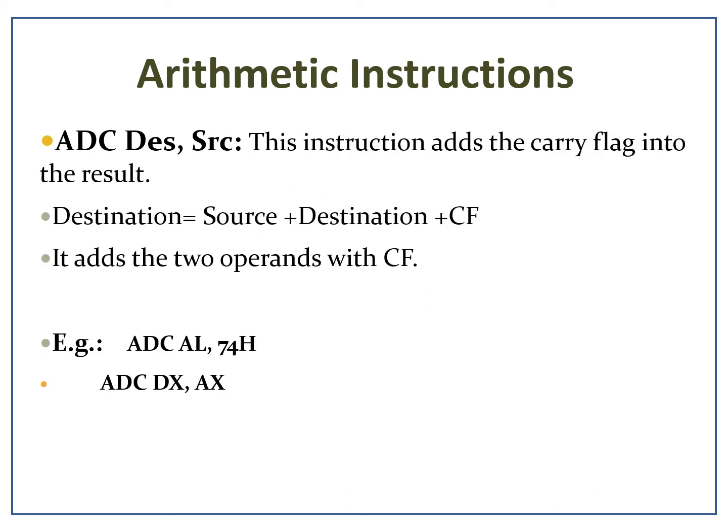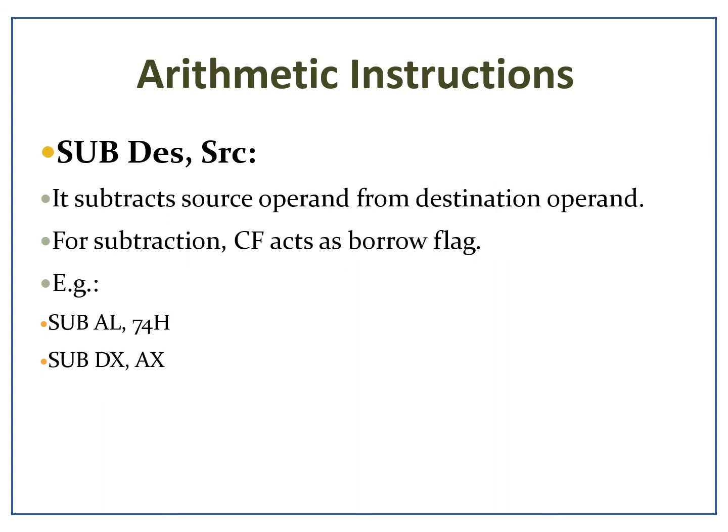Next is ADC destination, source. This instruction adds the carry flag with the result. Next arithmetic instruction is SUB destination, source. So here we can subtract the source operand from the destination operand.